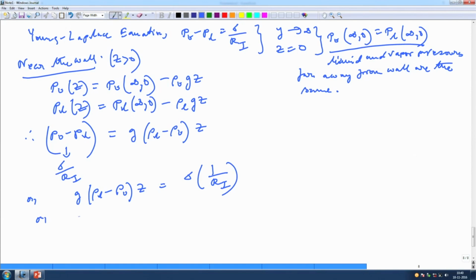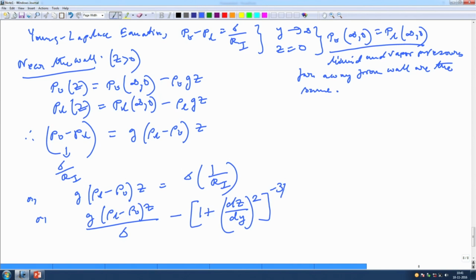So, therefore, g (rho L minus rho V) Z divided by sigma minus [1 plus (dz by dy) square] to the power of minus 3 by 2 times d square z by dy square must be equal to 0. Got it?